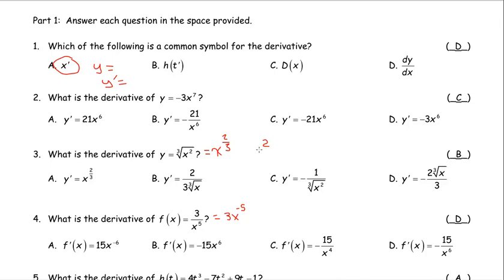So we write 2/3 for the derivative, x to the power of, and the way we get the exponent is we subtract 1 from this exponent. So if you take the 2/3 and subtract 1, now 1 is the same as 3/3, then that's going to be negative 1/3. So this would be negative 1/3 here.